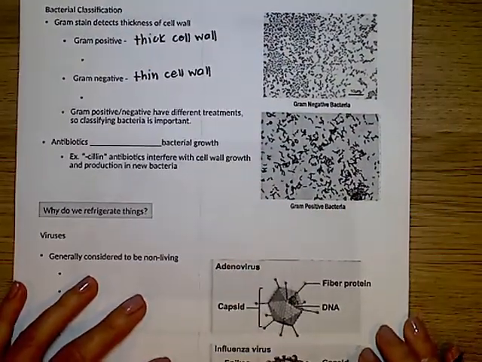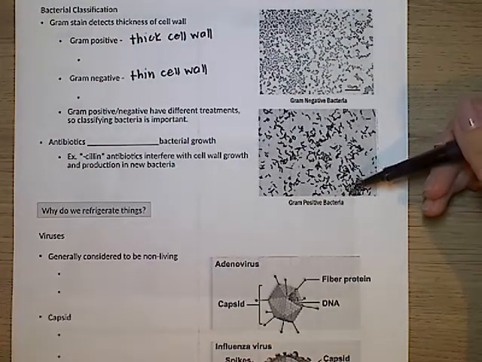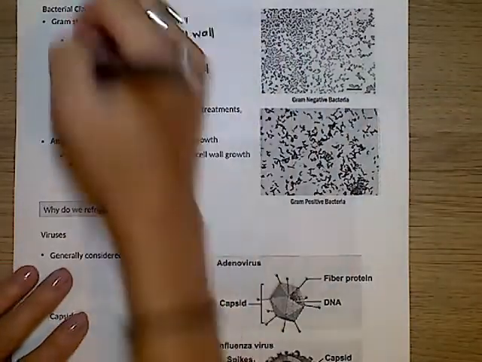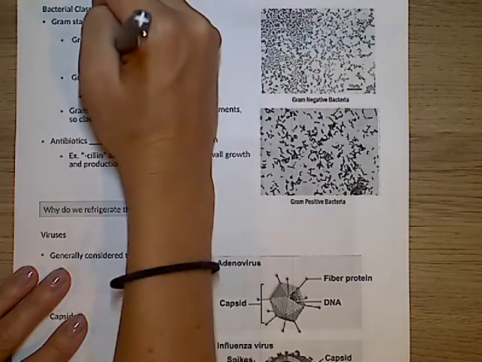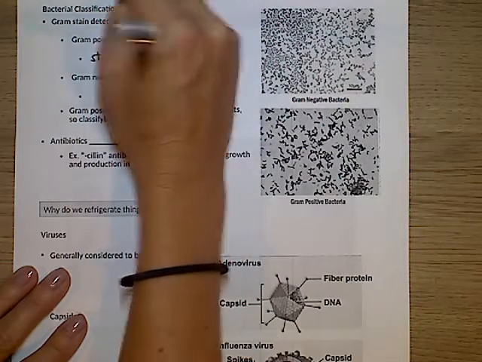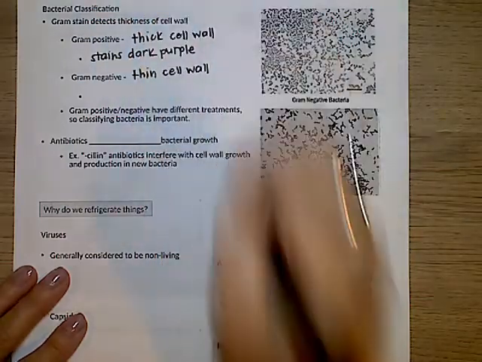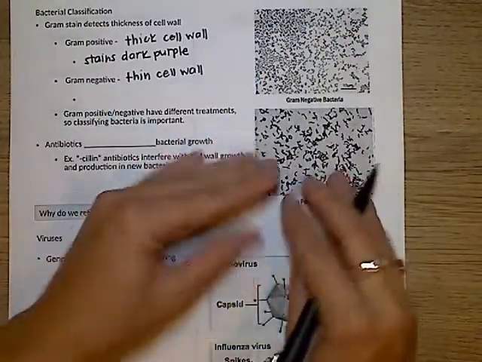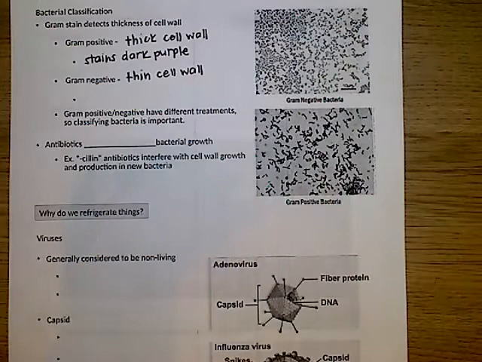So again, I apologize, this is not in color, but gram-positive bacteria will stain a really dark purple color. And think of it, because it has that thick cell wall, it's able to kind of hold on to more of the dye, and it'll turn out being a dark purple color.